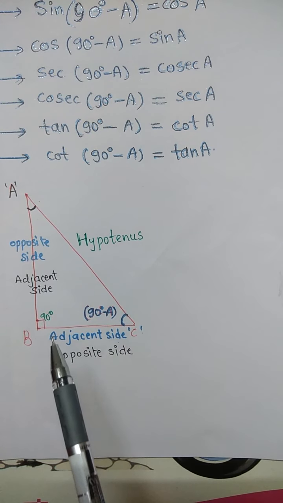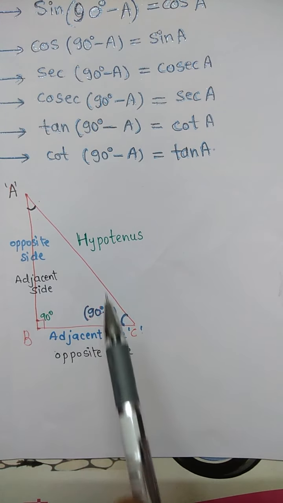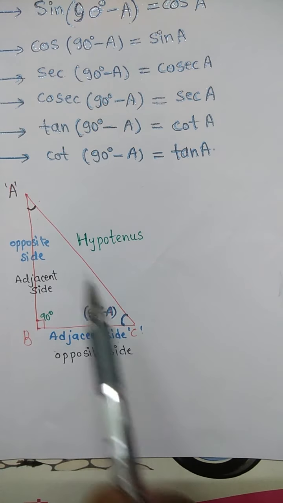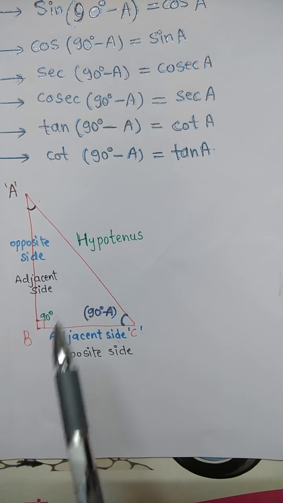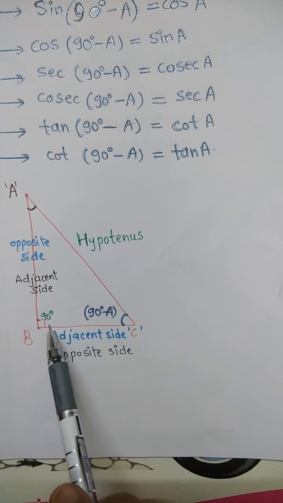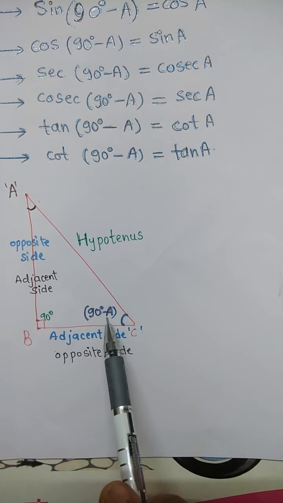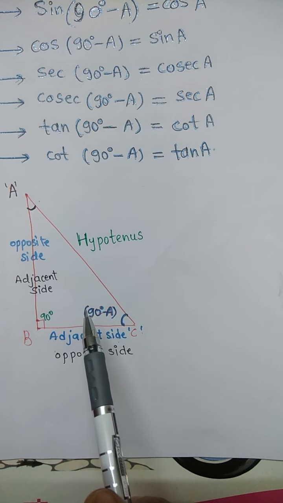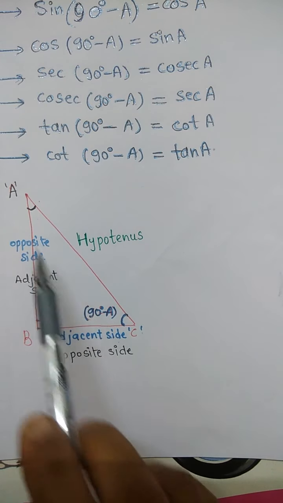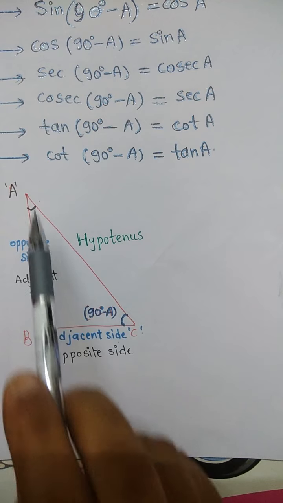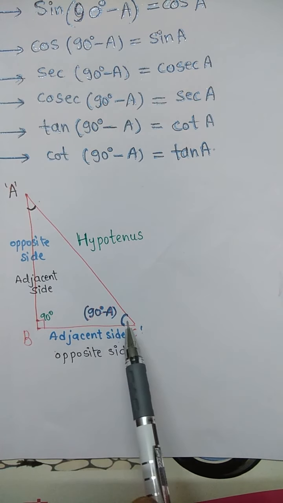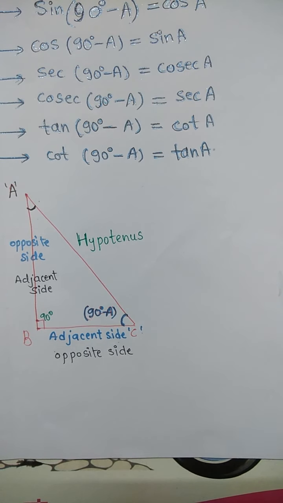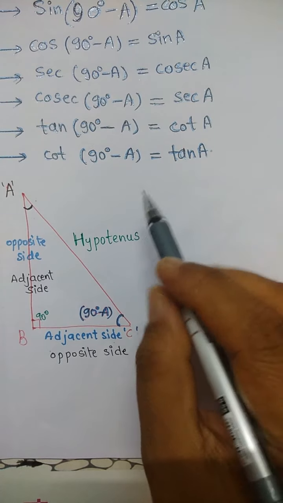Because of the angle sum property of a triangle: the sum of all three angles of a triangle is 180 degrees. So if one angle is 90 degrees, then the sum of the other two angles will be 90 degrees. So you get this as 90 minus A. We will solve and find out how it is 90 minus A.